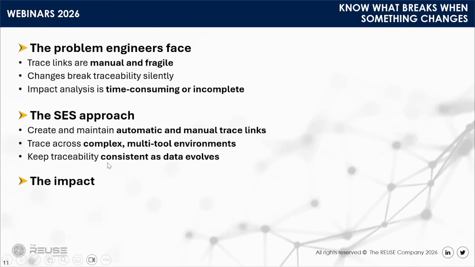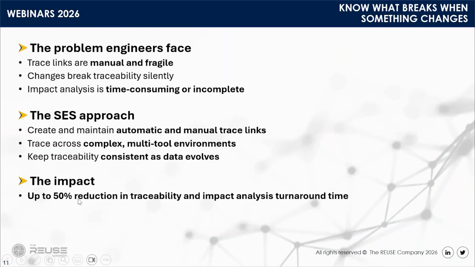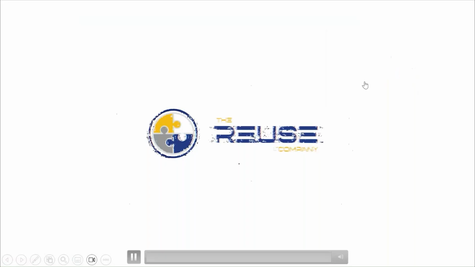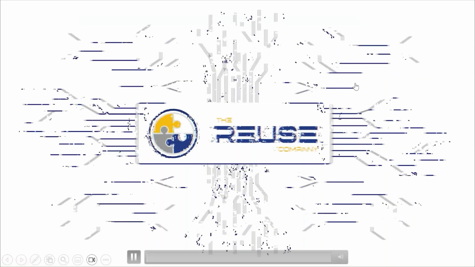The impact this approach helps to create is up to 50% reduction in traceability and impact analysis turnaround time. Second, faster, more confident change decisions. And third, support for audits and regulatory compliance. With this, let's see a demonstration of this capability as well.